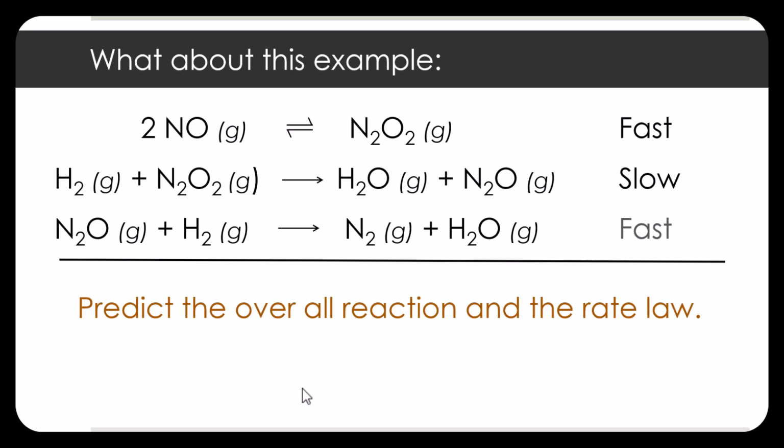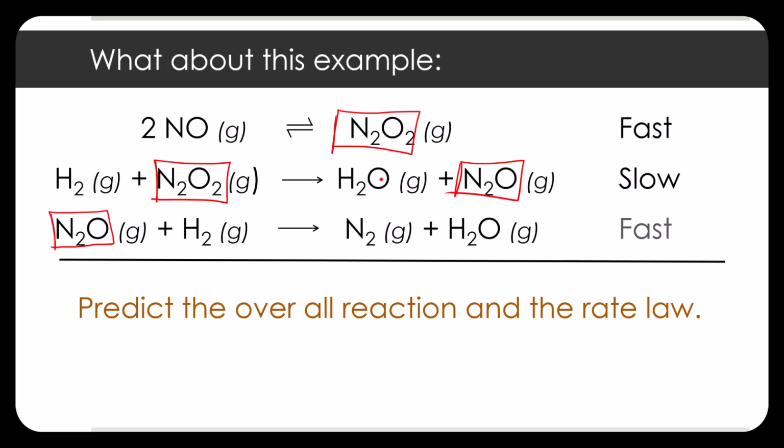All right, so first thing I'm going to do is predict the overall reaction. So I want to get rid of intermediates first. Intermediates, again, are something that are produced and then consumed. What else do we have? We have produced and then consumed.